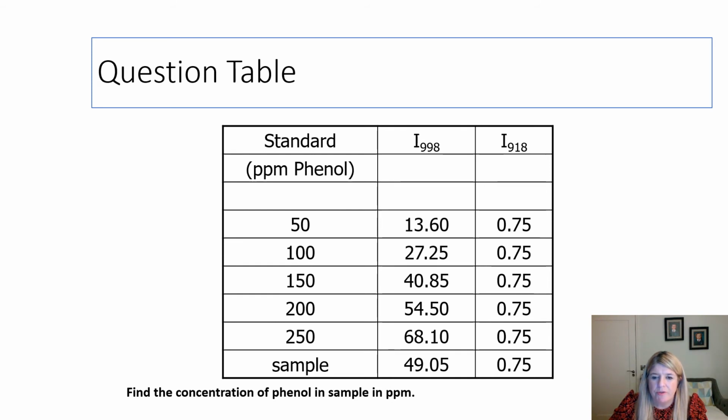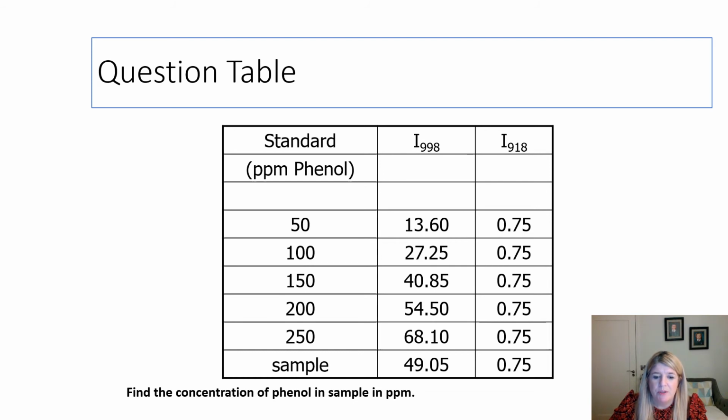I've measured all of those for phenol content on the Raman spectrometer at 998 wave numbers, and this is the intensity it gave me. So again, you can see this is increasing as we increase in concentration. And then we have the acetonitrile, which doesn't increase because it's the exact same amount that's added to everything. It's the internal standard. So the 918 wave numbers is acetonitrile, which is the internal standard.